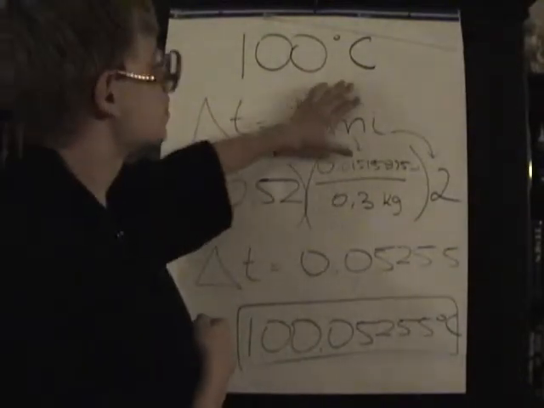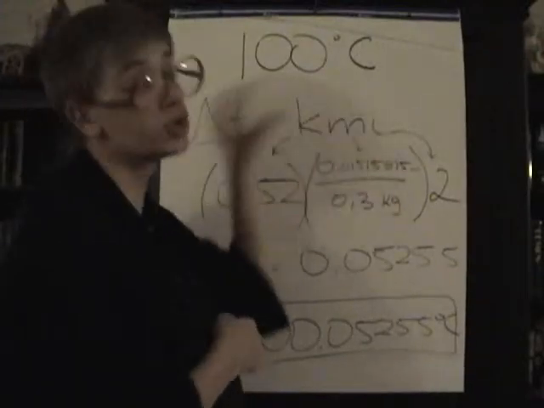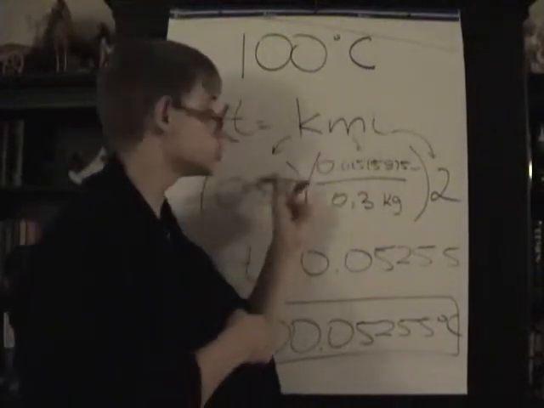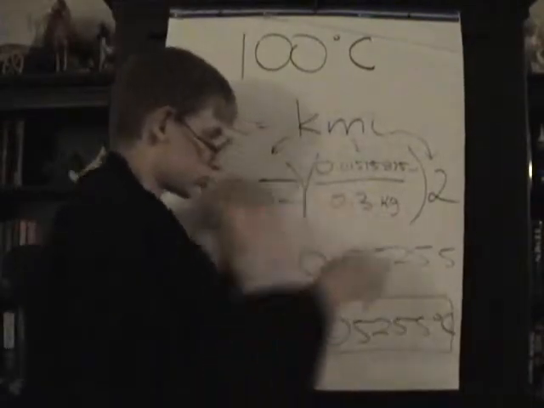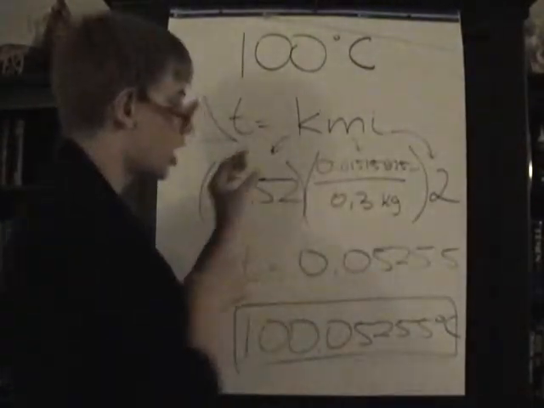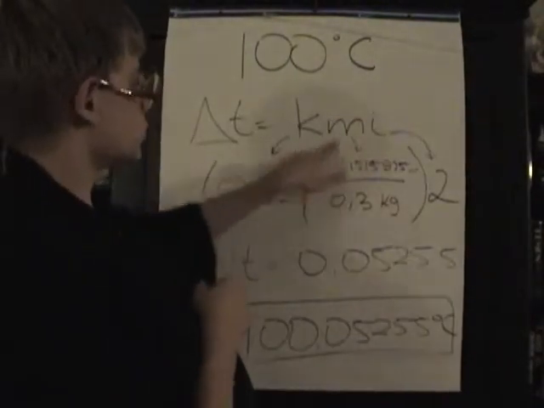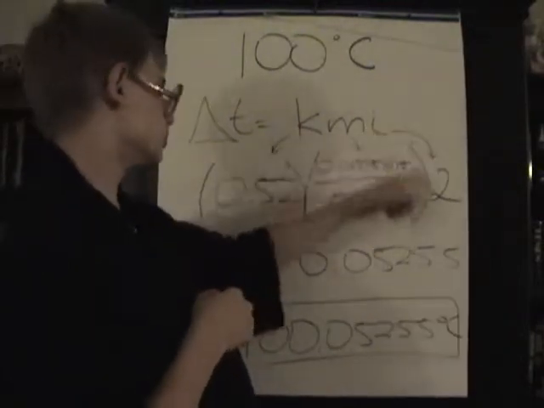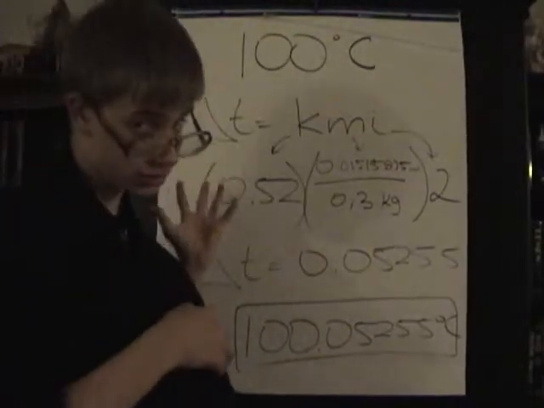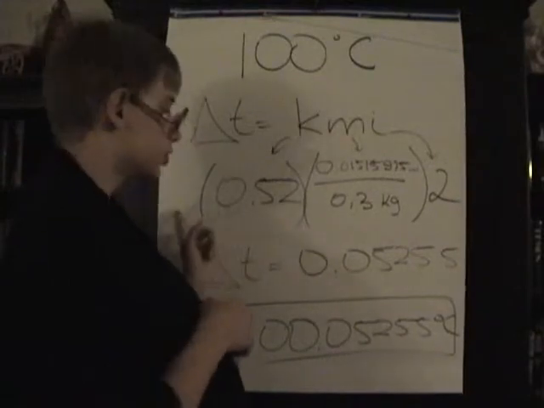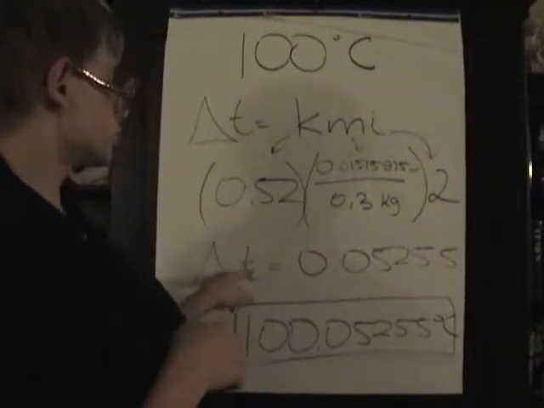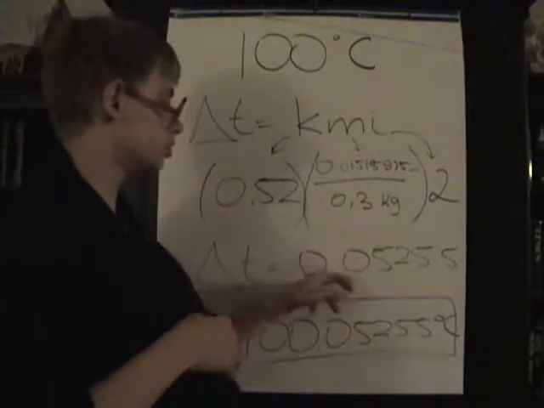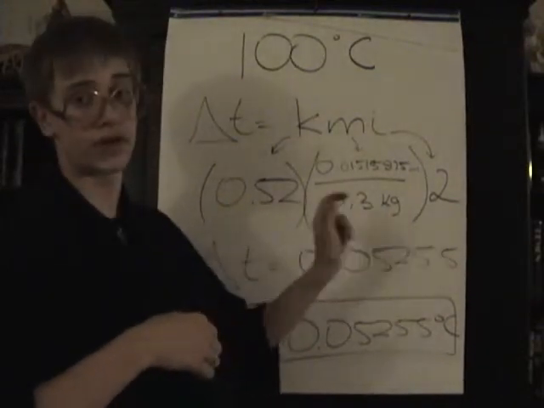I plug in the same molality, because I'm still using table salt for this example, and the same value for i, which I have proportioned out so I can include it on this line. You multiply the molality by the 2 and the constant, so the only thing that really changed is the constant. You multiply it all out, and the change in temperature, delta T, is equal to 0.05255.